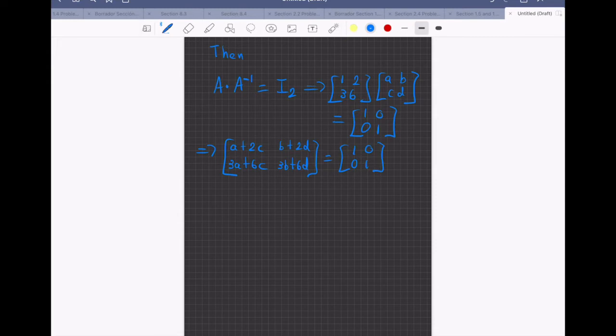Now, this implies a plus 2c equal to 1. Remember that if two matrices are equal, then they are equal entry by entry. So b plus 2d should be equal to 0, 3a plus 6c should be equal to 0, and 3b plus 6d should be equal to 1.